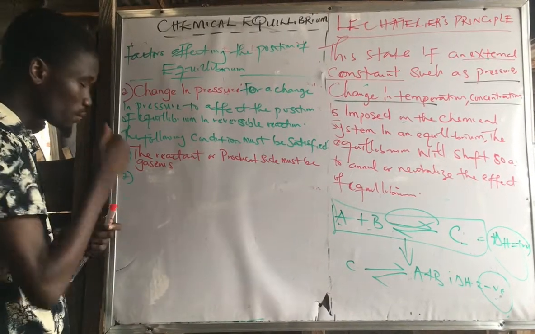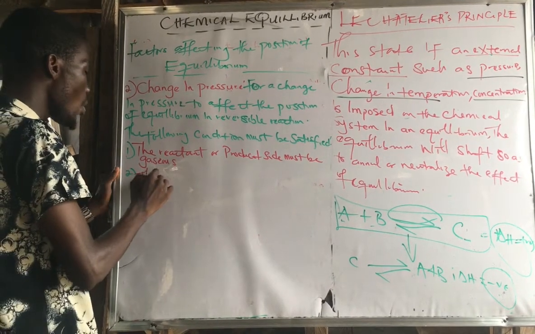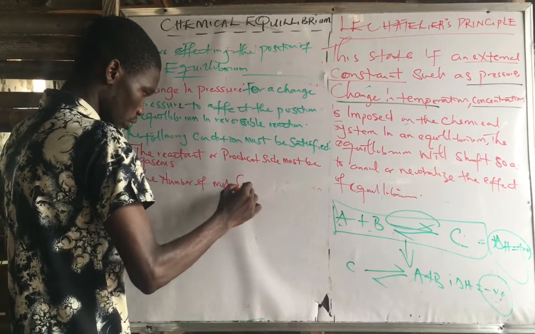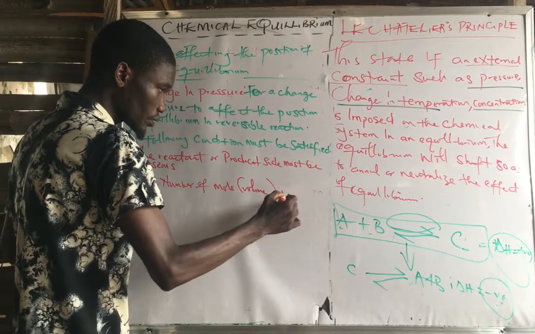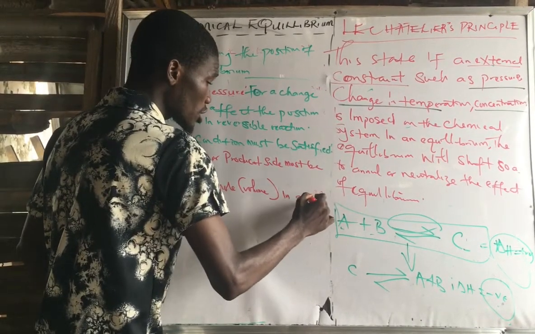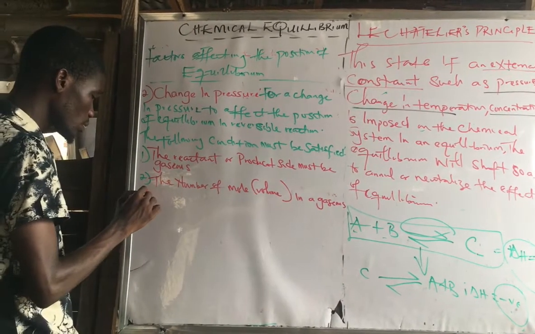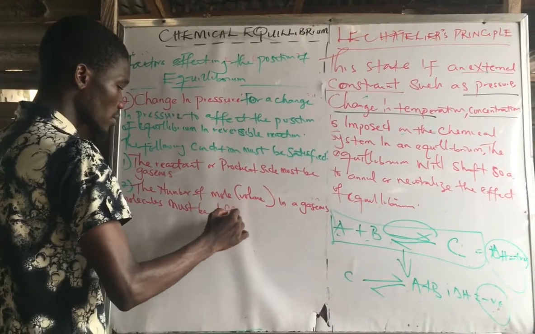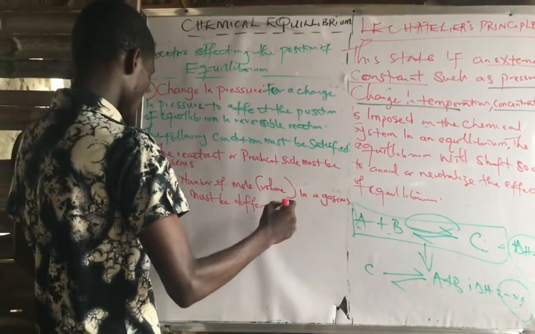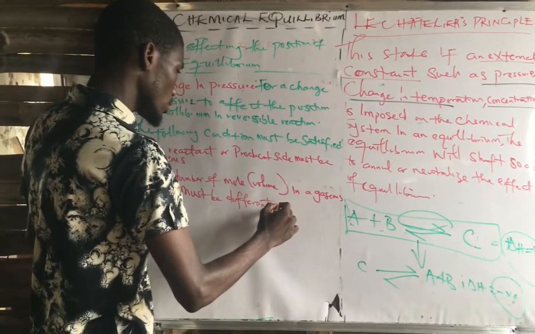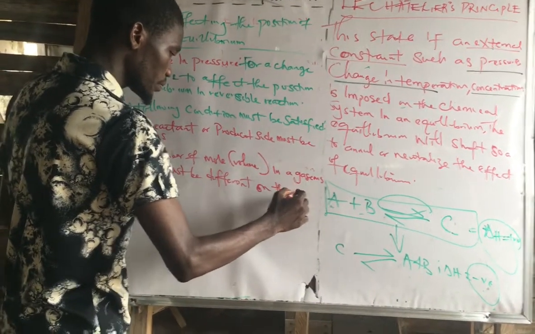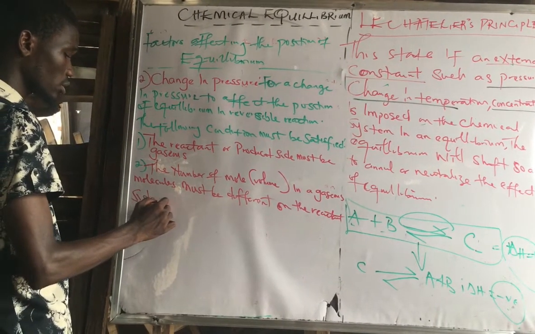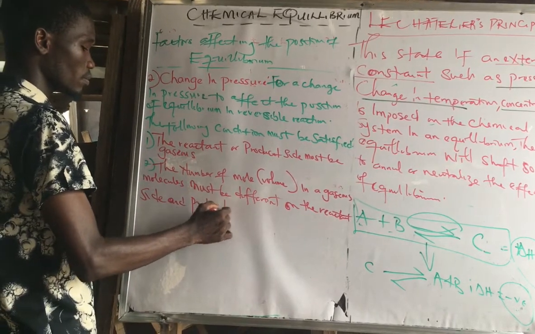So now the second one is the number of moles in the gaseous molecules must be different on the reactant side and product side.